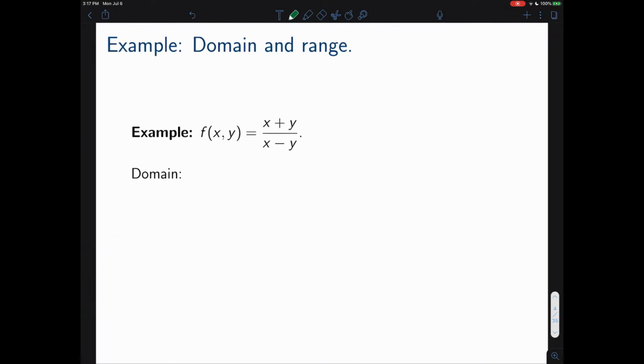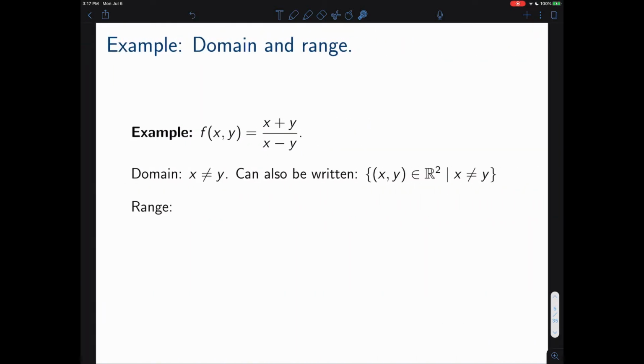Here's another example, f of xy. So again, a function of two variables, like the previous example. And this time, f of xy is x plus y divided by x minus y. So what are the domain and range for this example? Well, the domain is the set of x's and y's that are valid inputs, and it's not a valid input if we're dividing by 0.